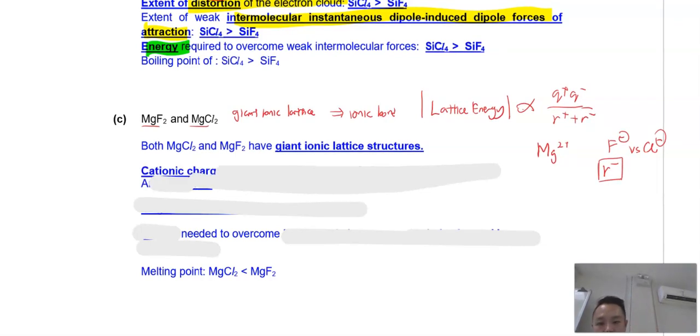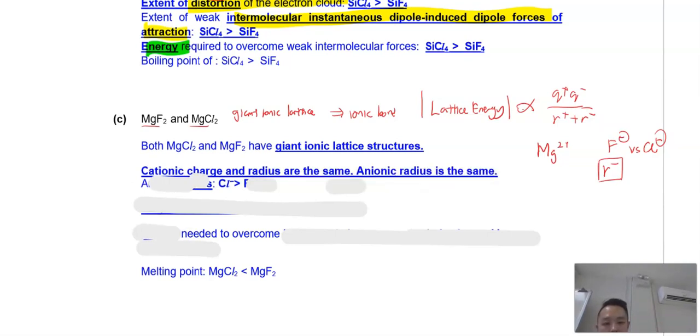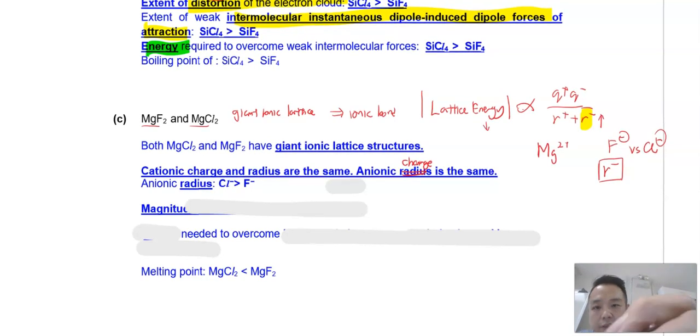So in this case, you can see how I phrase my answer. Since the cation is the same, I just say cation charge and radius are the same. The anionic charge is the same, not the radius. Okay, the radius is the one that changes. Chloride is bigger than fluoride. And what implication does it have for the lattice energy? If the radius of your anion is bigger, your lattice energy magnitude will be smaller.